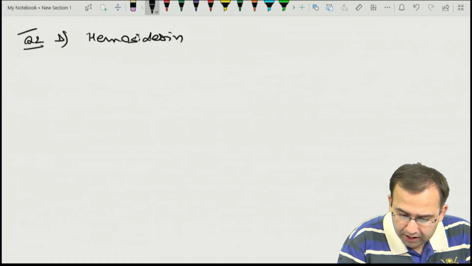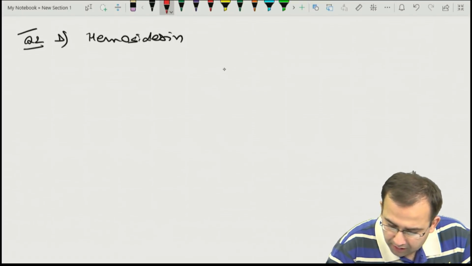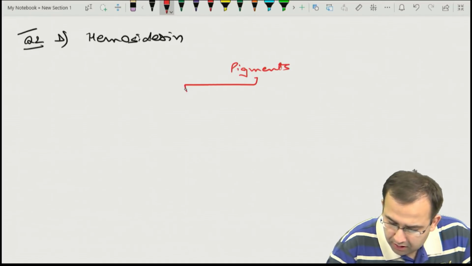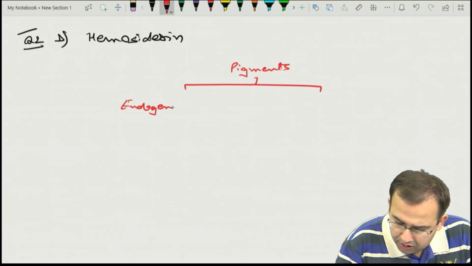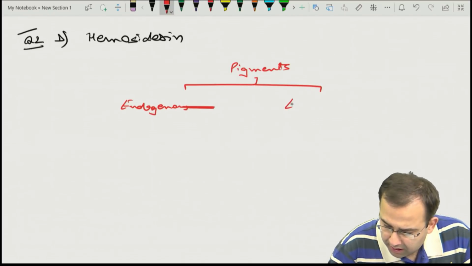Firstly, I can divide the pigments into two types, that is the endogenous pigments and exogenous pigments.